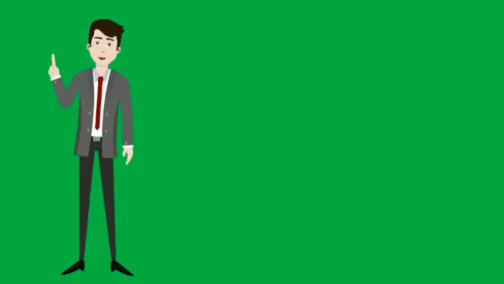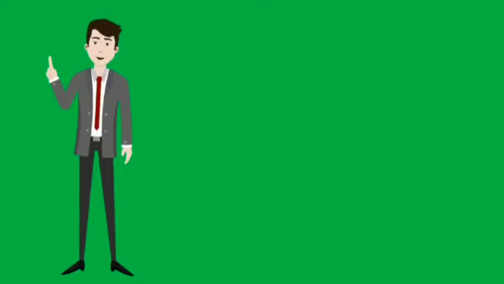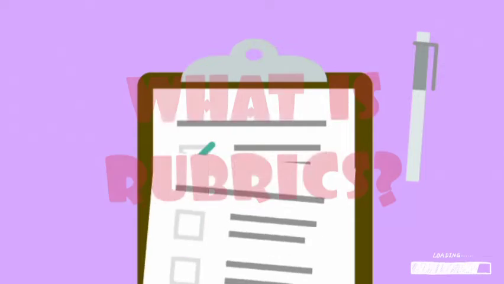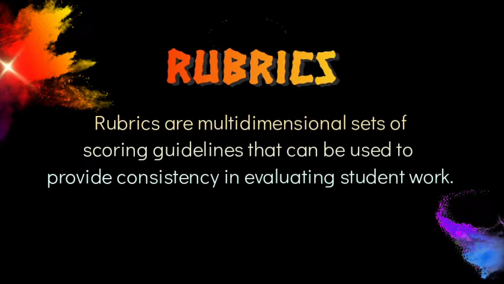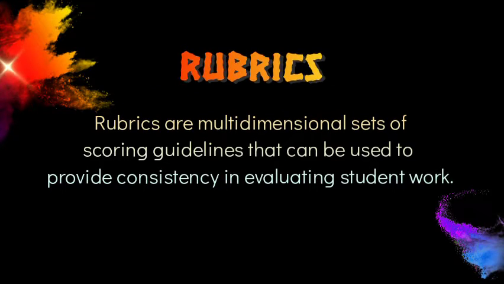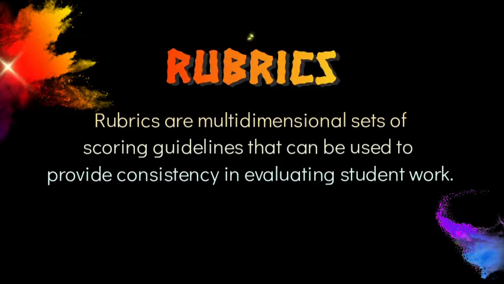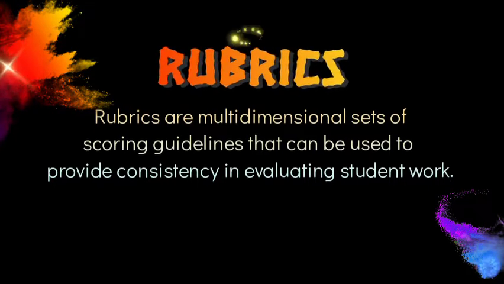And now that we already know about our learning objectives, before we proceed to our discussion about what a holistic rubric is, let us first define the meaning of rubrics. So, what are rubrics? Rubrics are multi-dimensional sets of scoring guidelines that can be used to provide consistency in evaluating student work.